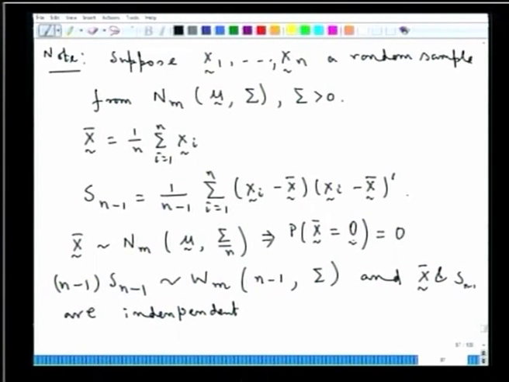And this x bar and S_{n-1} are independently distributed. So what can we do?